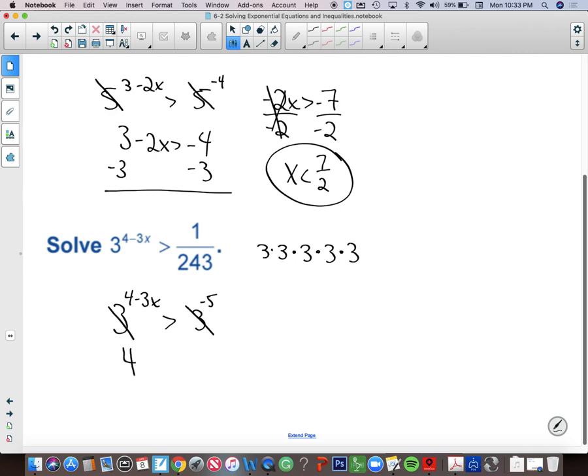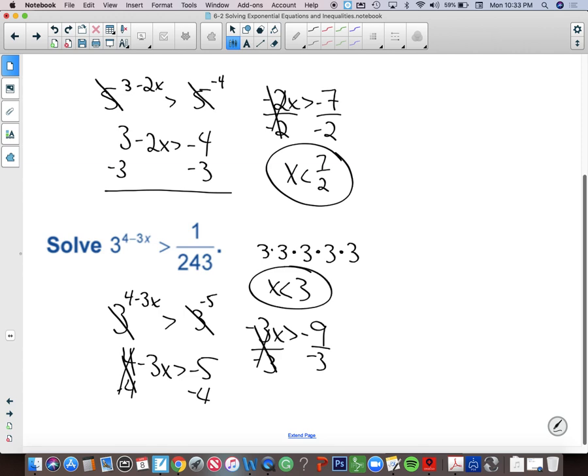Set the exponents equal to each other and solve. So we get negative 3x is greater than negative 9. Divide by negative 3. Flip your sign. X is less than 3. So we could plug in 2.9. If you wanted to check it, that would work out.